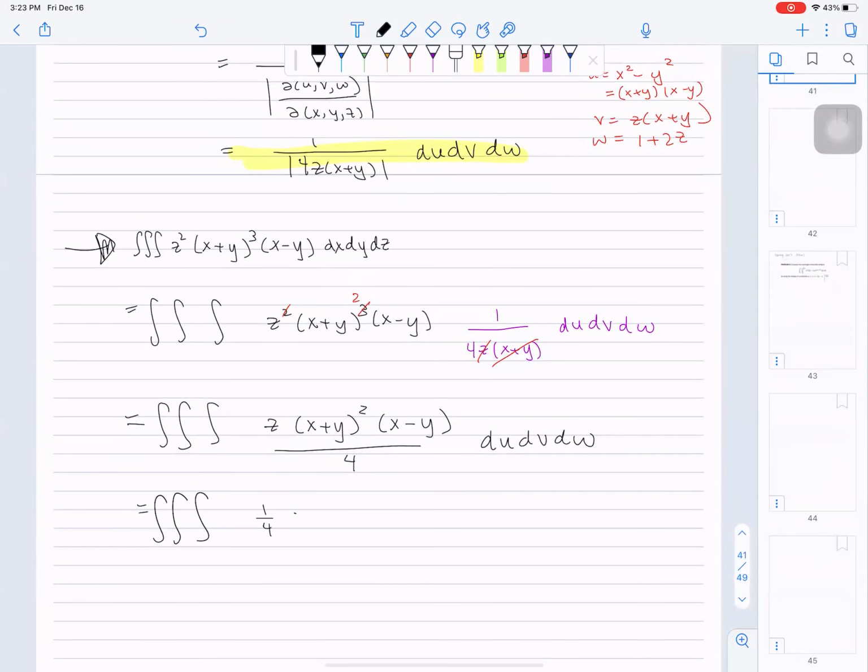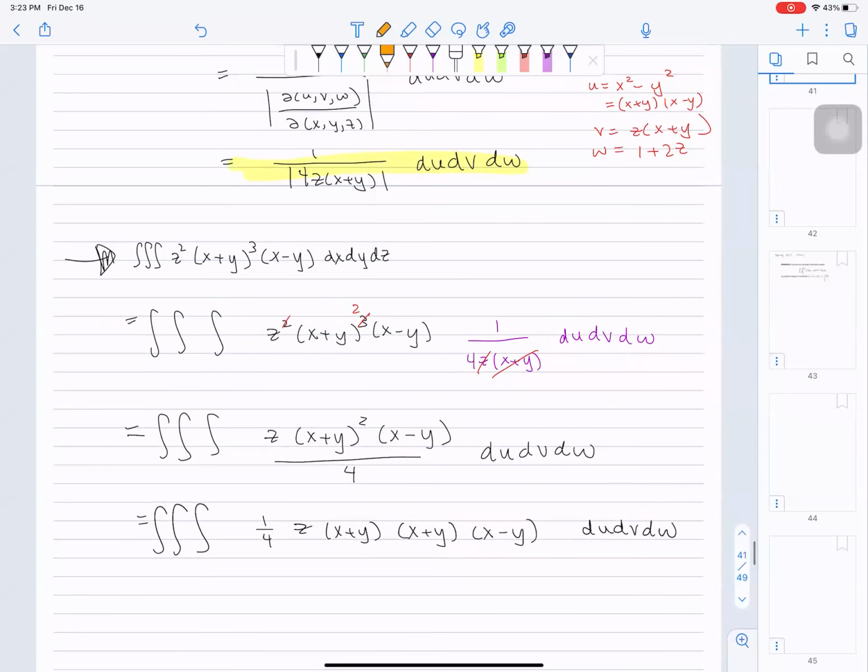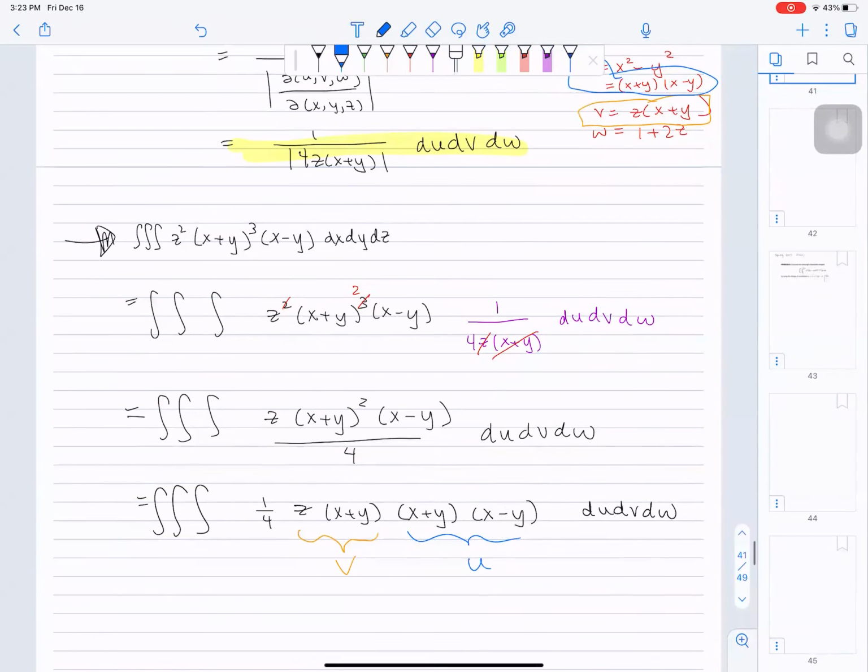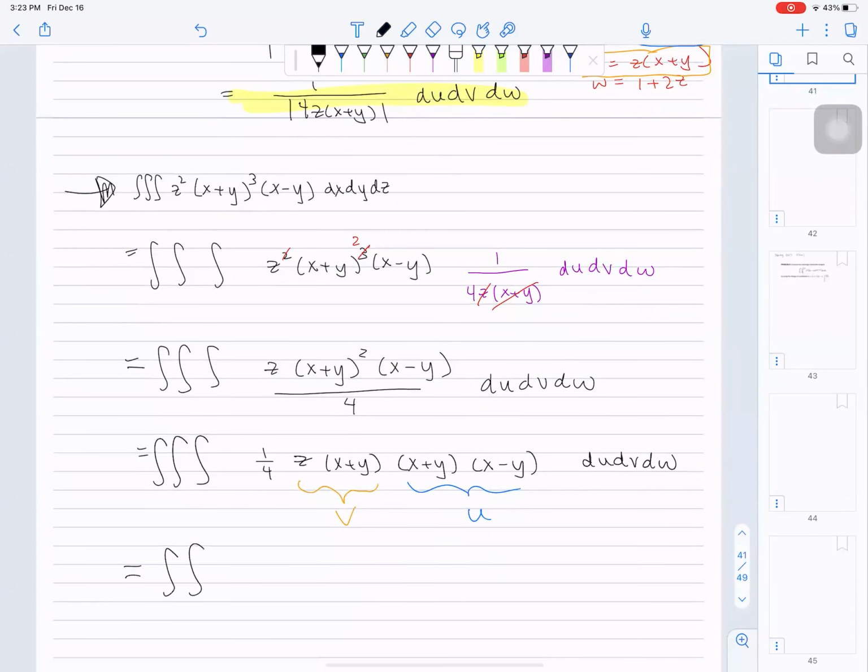I have a fourth z, x plus y, x plus y, x minus y, because x plus y squared is just x plus y times x plus y. And now what is z times x plus y? That's my v. And what is x plus y times x minus y? That's my u. So now I have the triple integral of a fourth v u du dv dw.